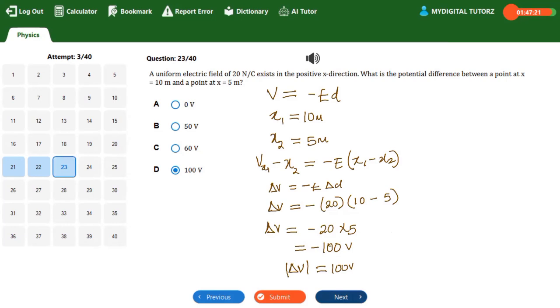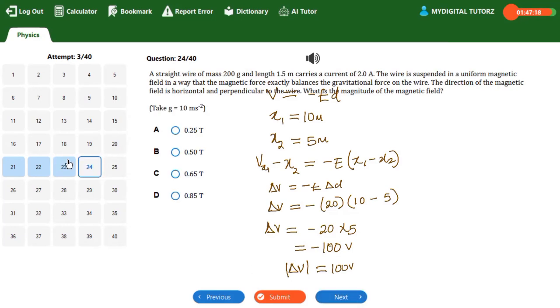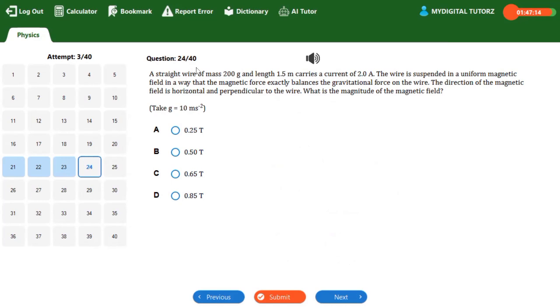So moving on to question 24. Question 24 says, a straight wire of mass 200 gram and length 1.5 meters carries a current of 2 amps. The wire is suspended in a uniform magnetic field in a way that the magnetic force exactly balances the gravitational force on the wire.